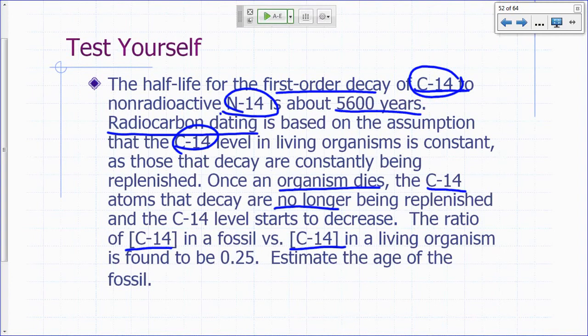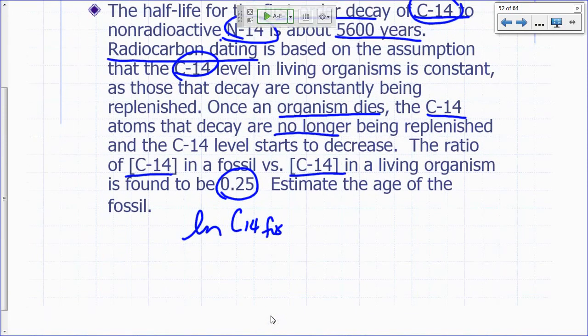So let's say you had a fossil, you compared the carbon 14 level in that fossil to a living organism and found the ratio to be 0.25. How old is the fossil? Ln of carbon 14 in the fossil would be equal to ln of carbon 14 in the living minus kT.